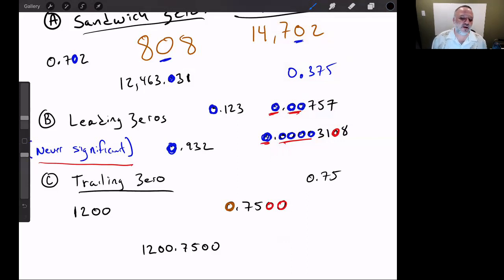So why would I go through the bother of writing down additional zeros if I don't need to? Well, the reason is because those numbers are important. At the end of the day, these trailing zeros in red represent the precision of the instrument that yielded this measurement.